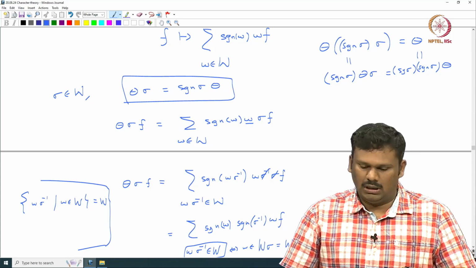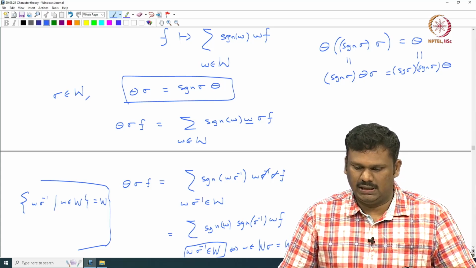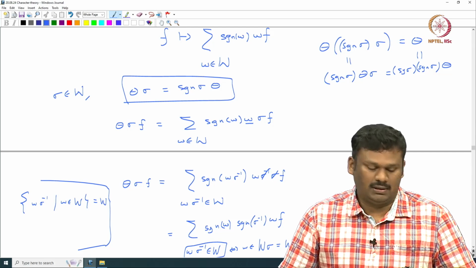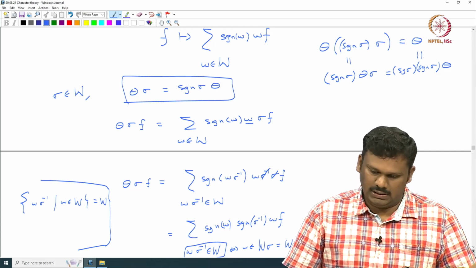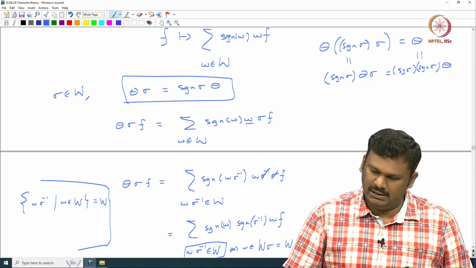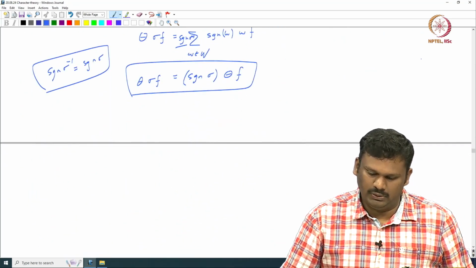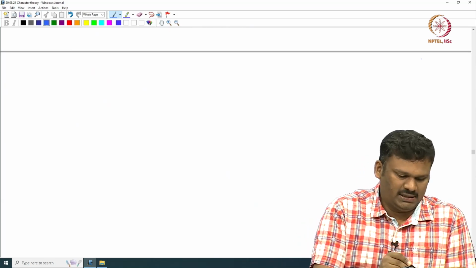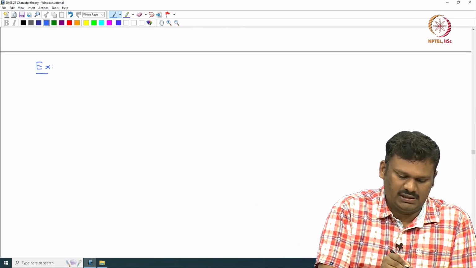Okay. So, now we are going to use this and see what theta square is. You can just calculate theta square and see that it is going to be exactly the cardinality of W times theta. I will leave it as an exercise. This is a very simple exercise.